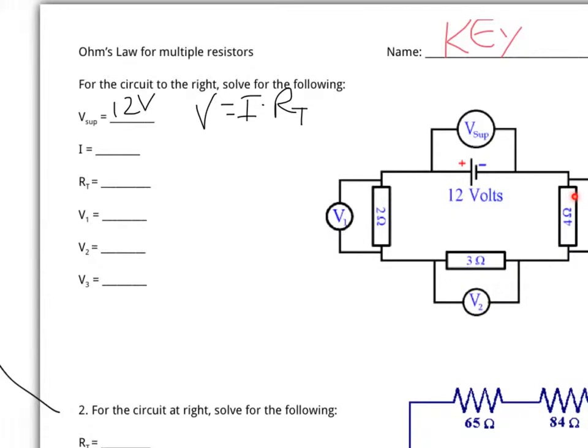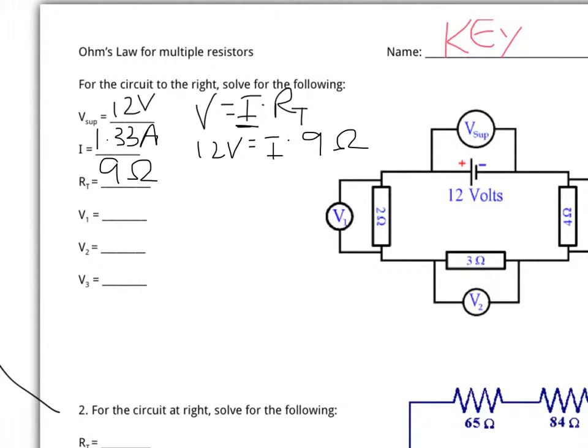So I'm going to go ahead and put that in here for our total resistance, and now we can solve for current using Ohm's law up here. 12 volts equals current times 9 ohms of resistance. Gives us a total current in the circuit of 1.33 amps.